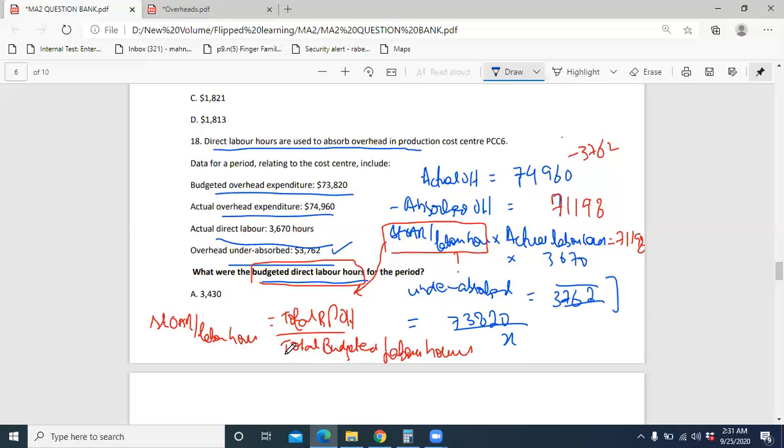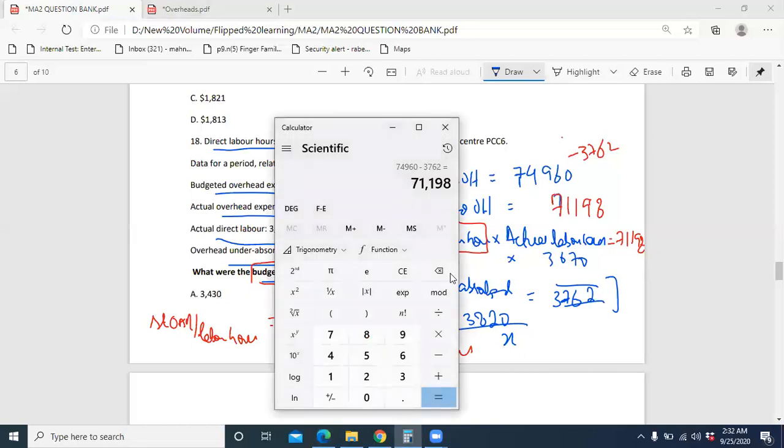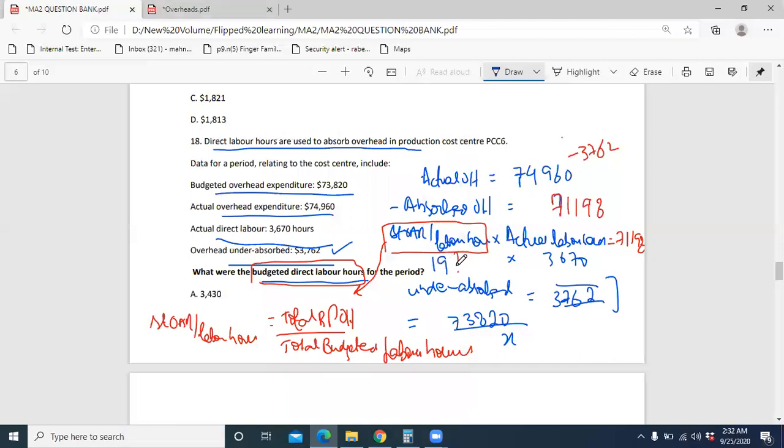But if both are not given, I cannot calculate that. So I can easily get my standard OAR from here. Just divide 71198 by actual labor hours 3670, and here you got your 19.4. 19.4 is your standard OAR per labor hour.